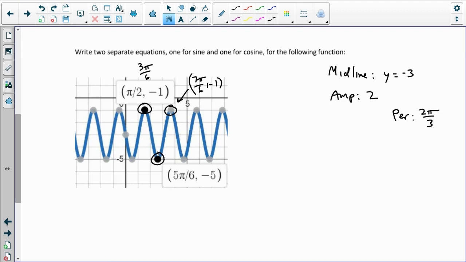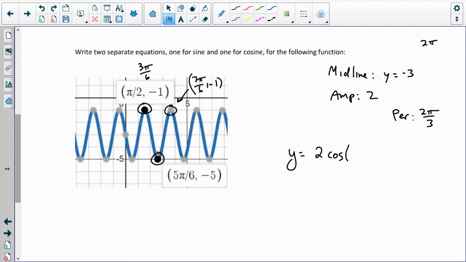So I'm going to write two different examples of these, and you could probably have a lot of different ones. But I will write a positive cosine graph. So my amplitude is 2, cosine, my period is 2 pi over 3. So now I have to figure out what b is.